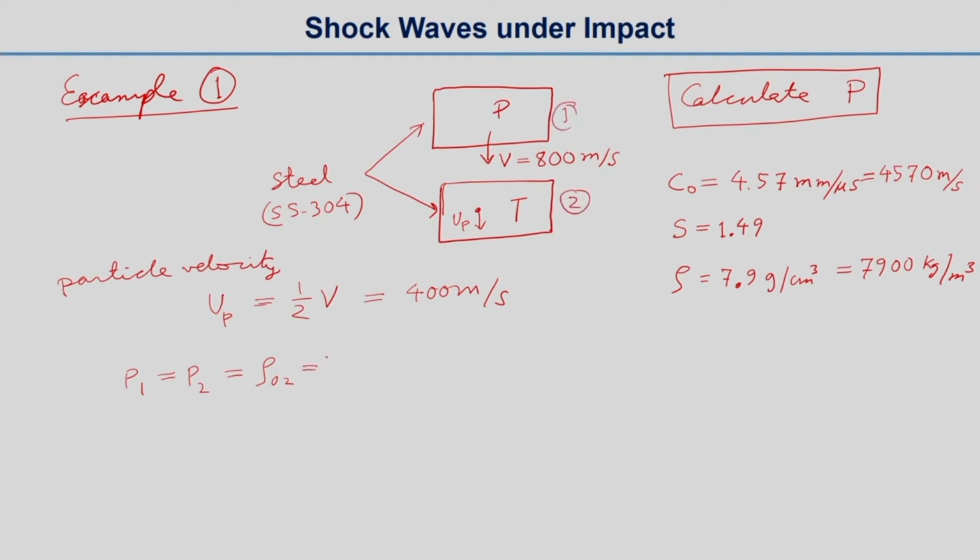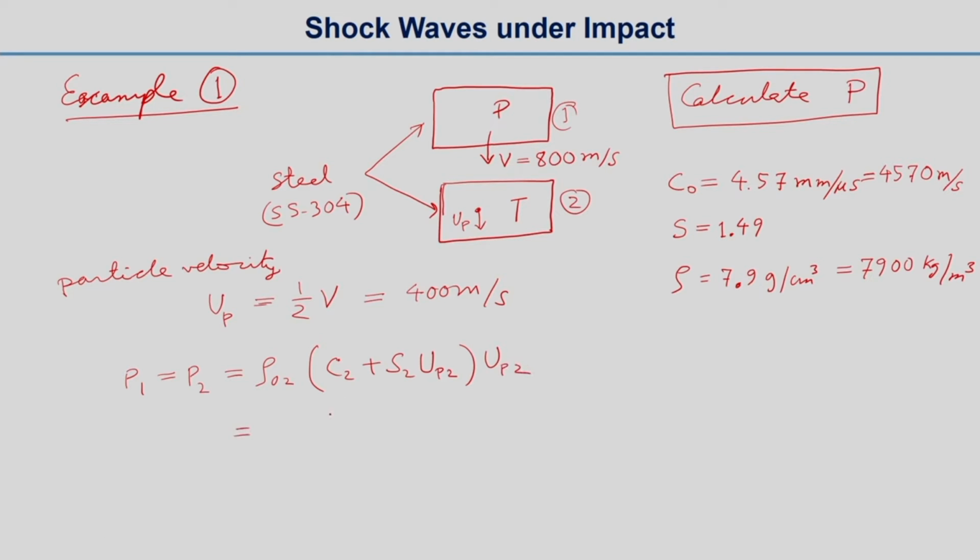So P2 equals rho naught 2, the density of the target, multiplied by the equation of state parameters, C naught plus S times UP2, all for the target, and multiplied by UP2.